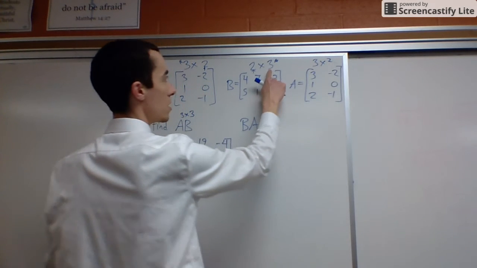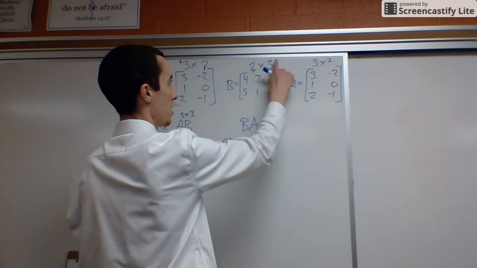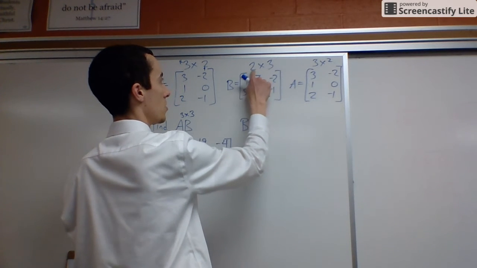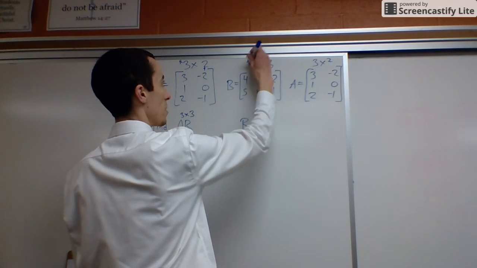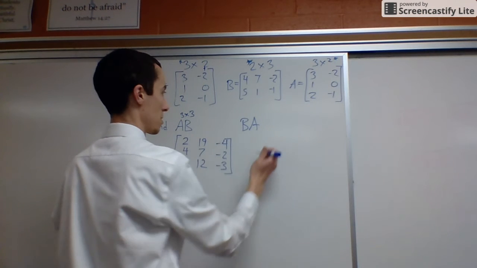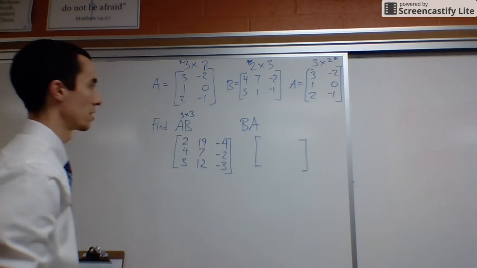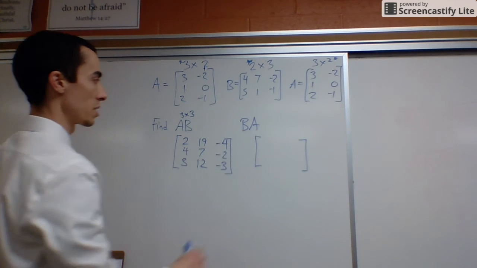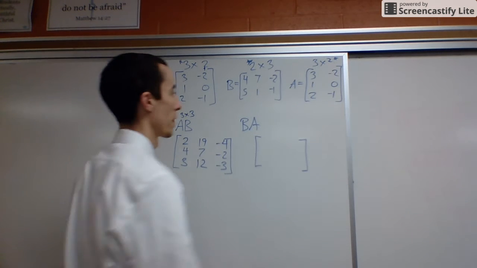So the columns of the first matrix need to match the rows of the second, and they do. And so we can multiply them together. And the product matrix will have 2 rows and 2 columns. So notice that the order when we multiply B times A is different than the order when we multiplied A times B.